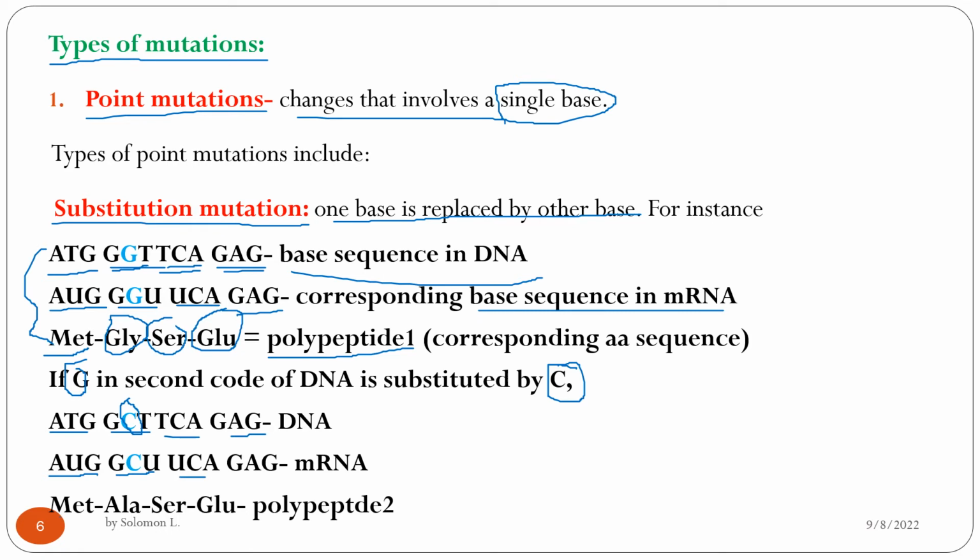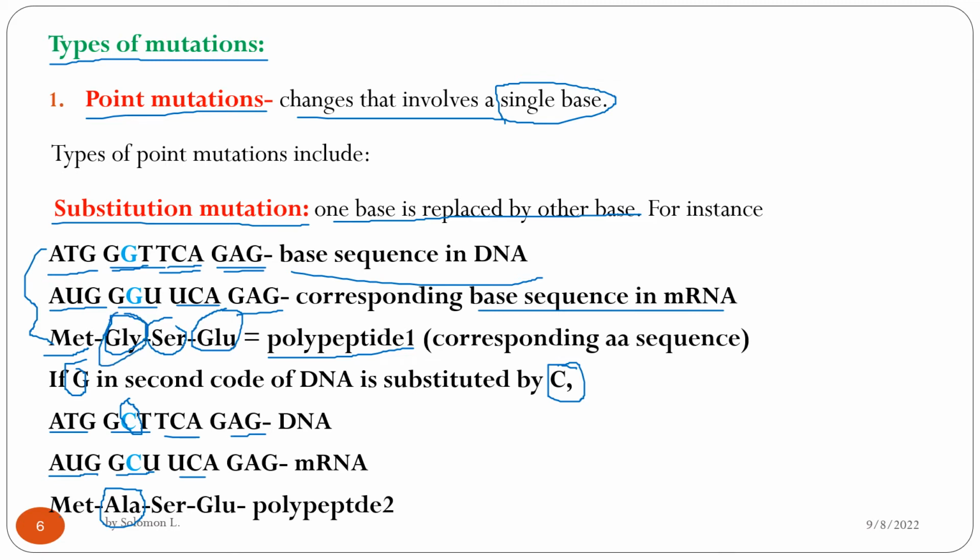So adenine, uracil, guanine to methionine, guanine, cytosine, uracil to alanine. Here, in the second polypeptide chain, the second amino acid is alanine, whereas in the first polypeptide chain, the second amino acid is glycine.